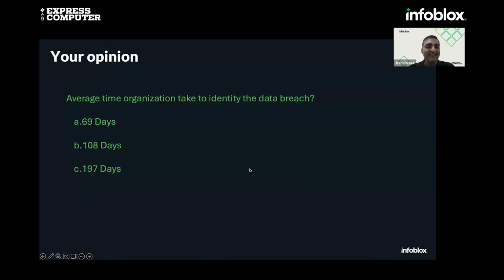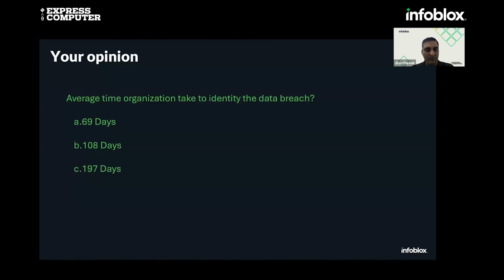There are specific reasons behind why those breaches are identified very late, when the impact has already been made to those organizations. So you have three options: 69 days, 108 days, 197 days. We would like to quickly see your opinion. What are the poll results?